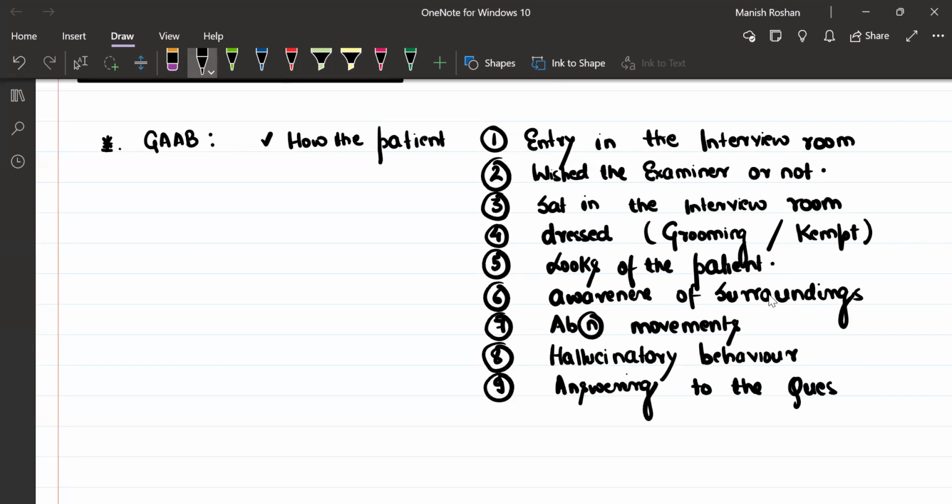Most of the time, if a patient is having circumstantiality or tangentiality, they might begin with the topic that has been asked, but will definitely get deviated during the course of answering. So do mention whether the answering was according to the questions, whether he was giving proper details or not. You have to mention this in the general appearance and behavior.